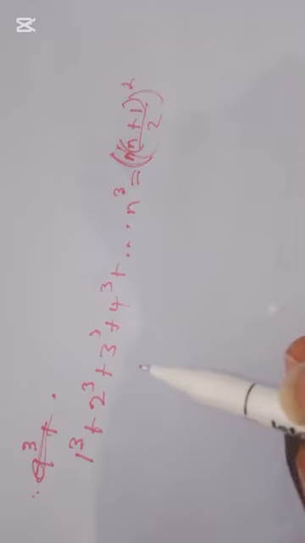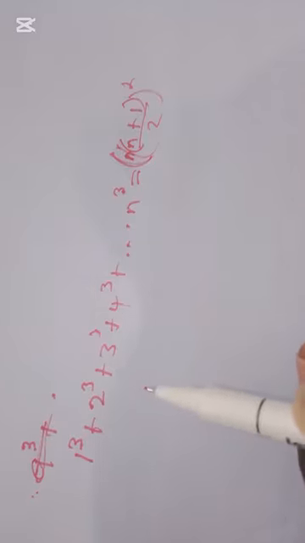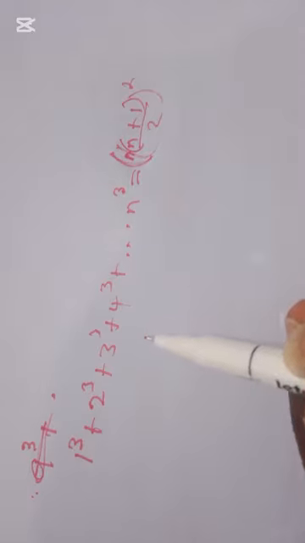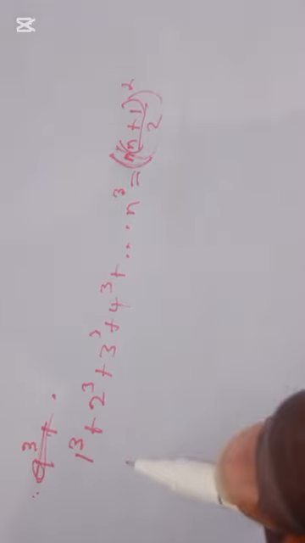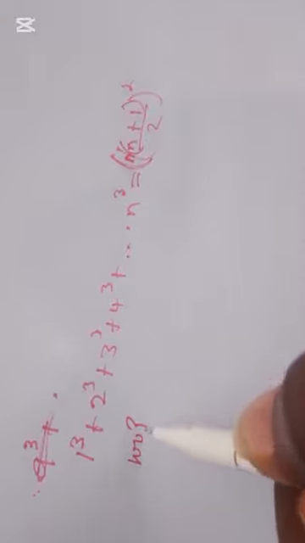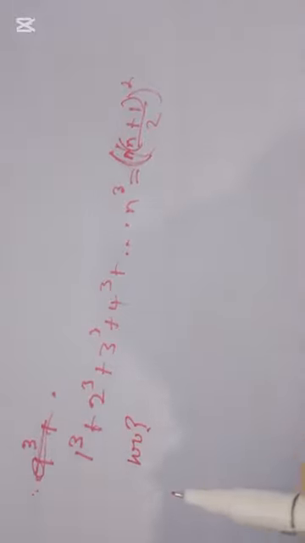Let's find the sum of the cubes of the first 100 integers. This is what we want to find, so our n equals 100.